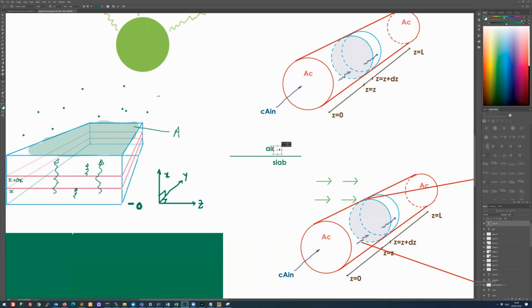And so our diffusion, of course, is from the slab into the air. So we've got diffusion through the material of the slab. Anyway, let's just do this. So you've got your diffusion from the slab into the air.